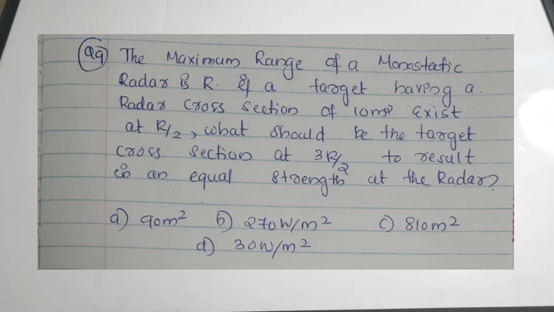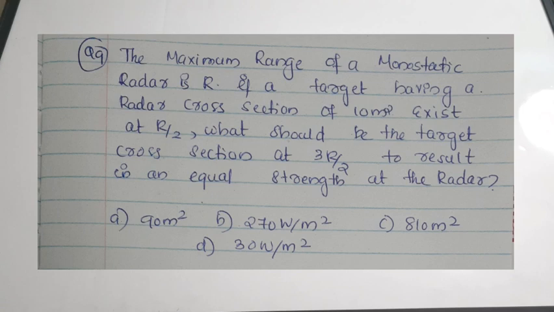If the target having a radar cross section of 10 meters square exists at R by 2. Okay. So there is a target of radar cross section 10 meters square and it is existing at R by 2. What should be the target cross section at 3R by 2 to result in an equal strength at the radar?